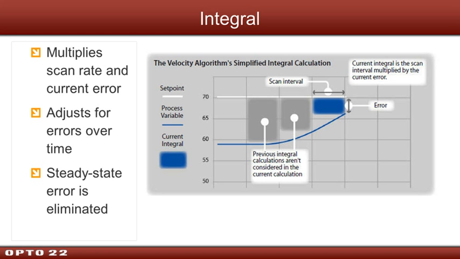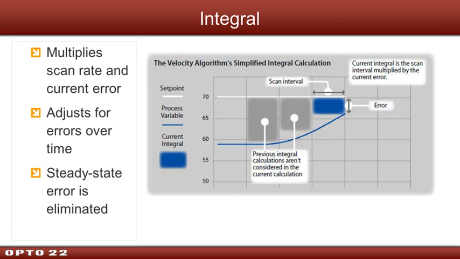So we can see when we do our calculation at this scan rate here, and then we do our calculation at this scan rate here, we're going to be able to pick up the difference in the error, and we're going to be able to push the process variable by changing the output to eliminate that error between the current process variable and the set point.